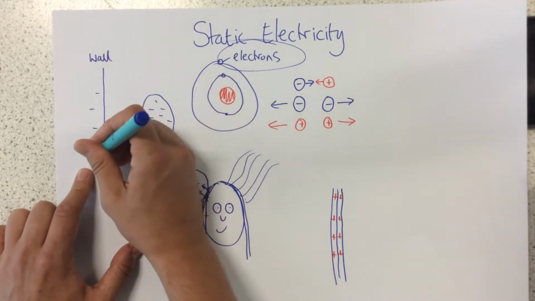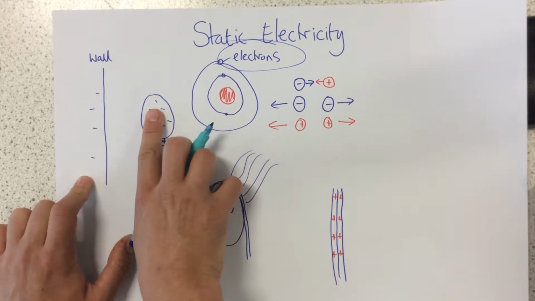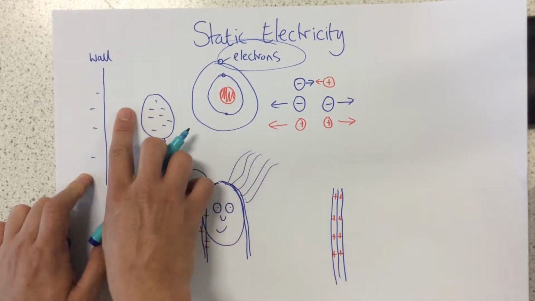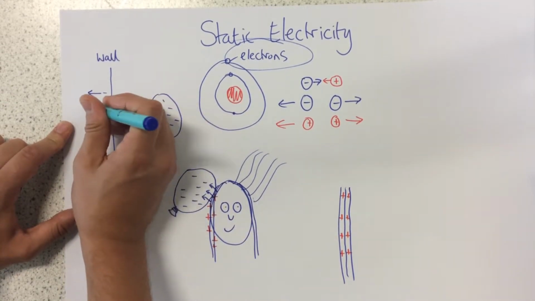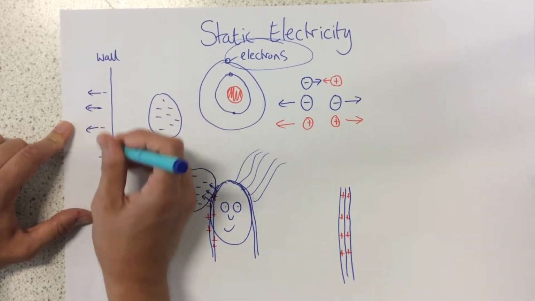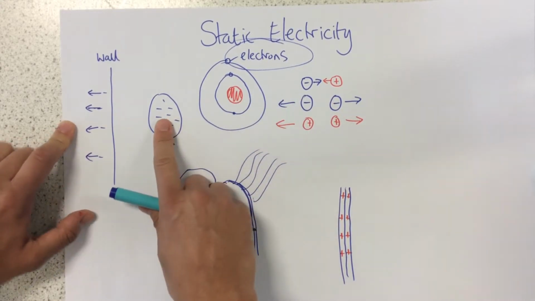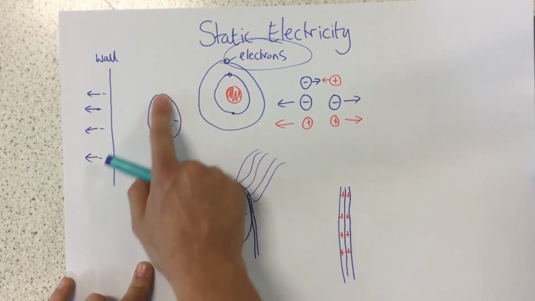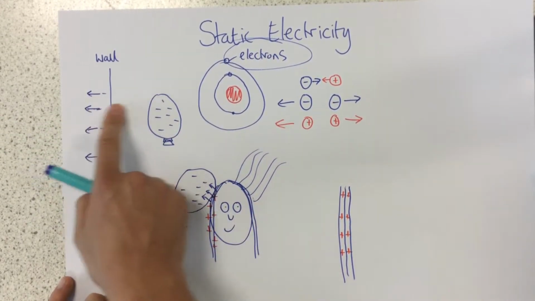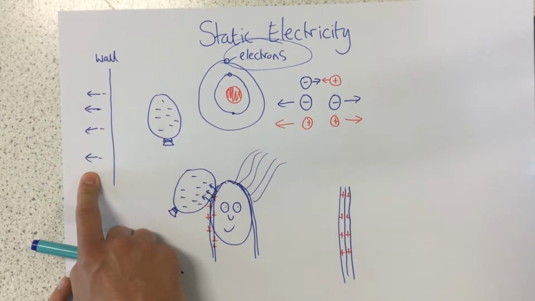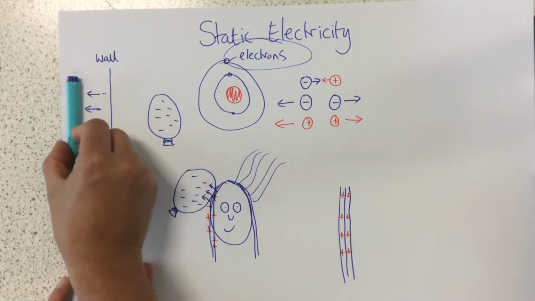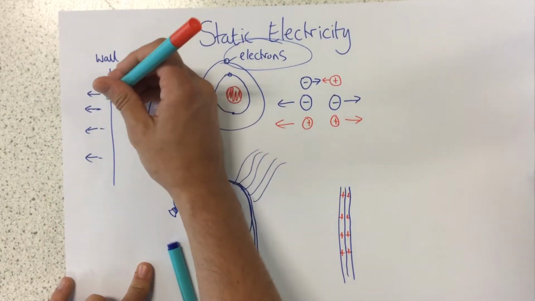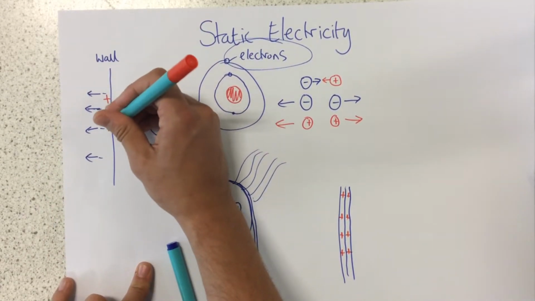So as we start to bring the balloon closer to the wall, the electrons in the surface of the wall are repelled, because this negatively charged balloon is going to repel these electrons. This means that, because all these electrons have now left the surface, the wall is now positively charged.